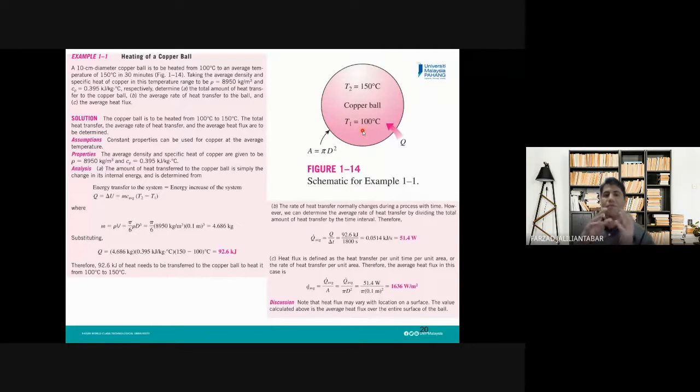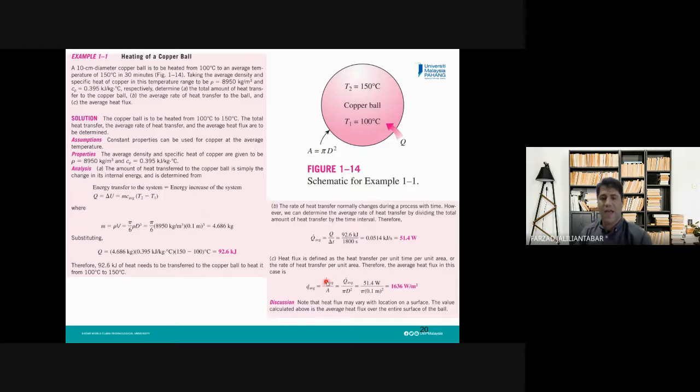You know, here we have a ball, it is a sphere. So we assume that heat transfer is from the surface of the ball. So what this A actually is, is the surface area of a sphere with this diameter, 10 centimeters.